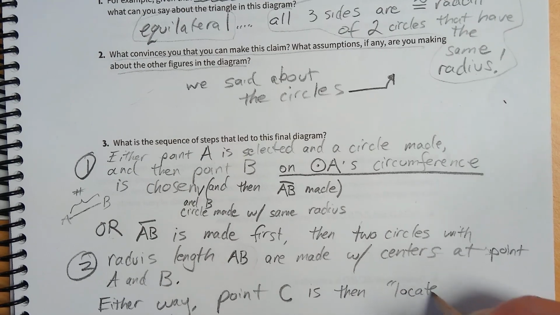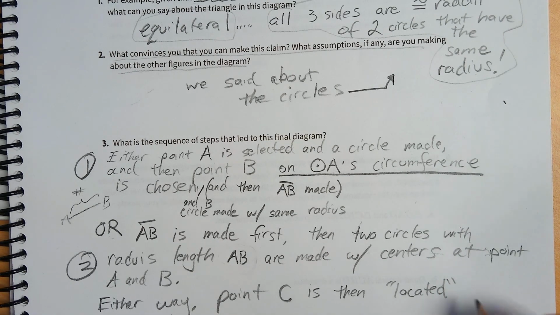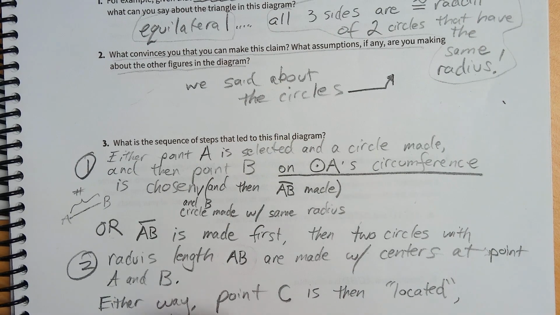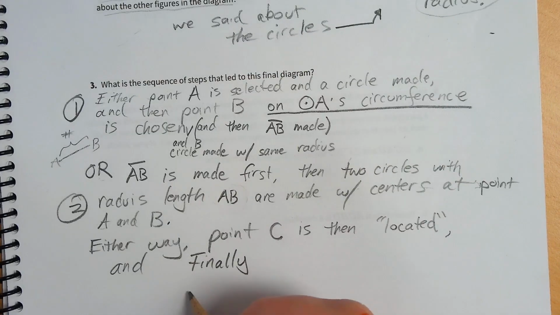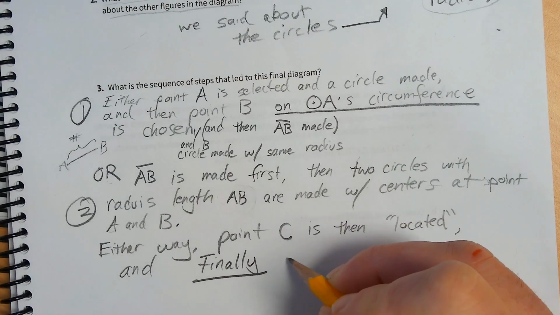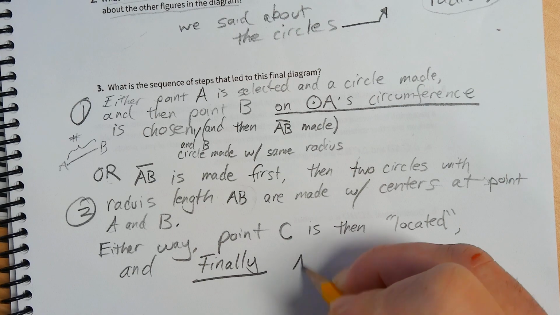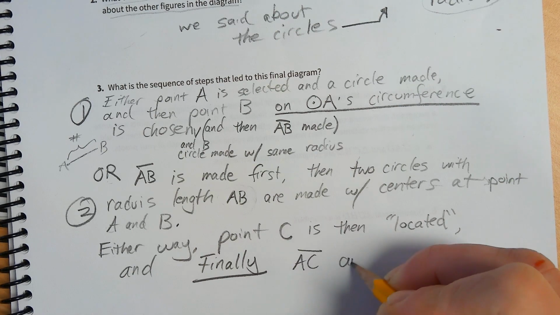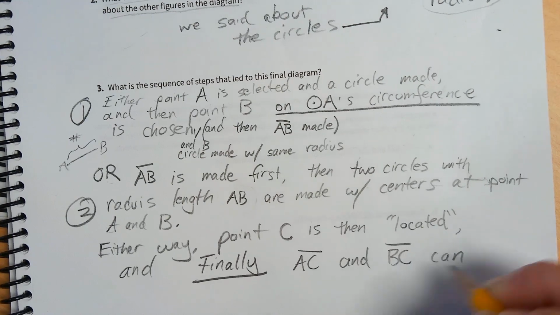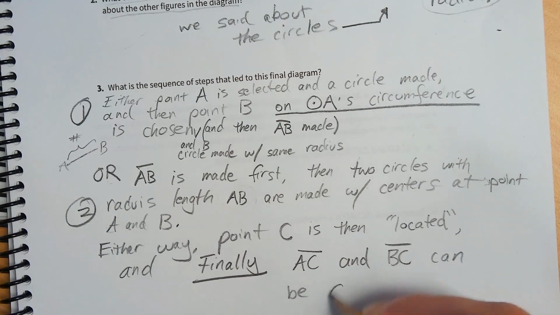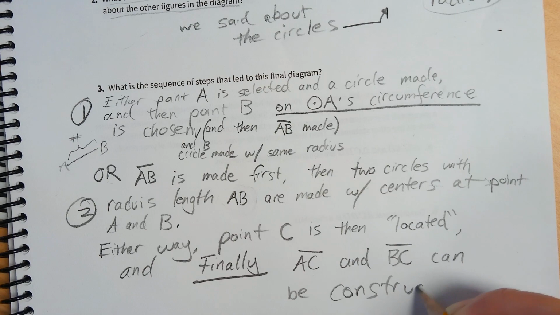We couldn't find it before, but now that the circles are there, we can, because it's where the circles cross above the line. Point C is then located. And finally, segment AC and BC can be constructed.